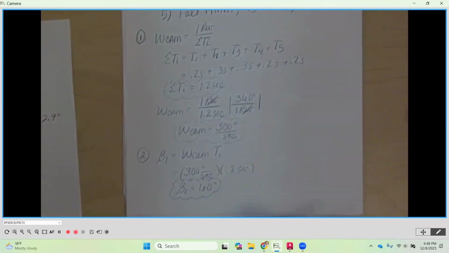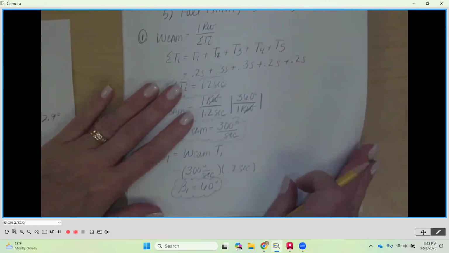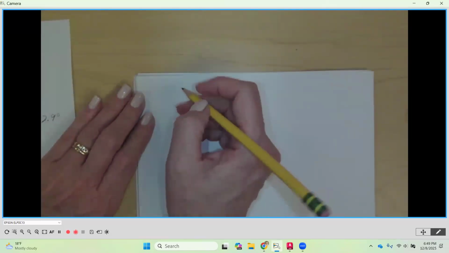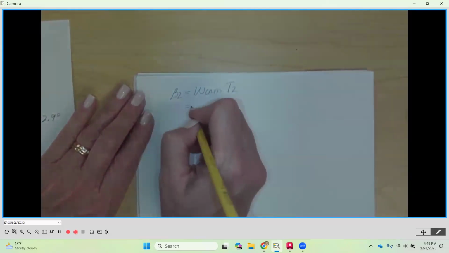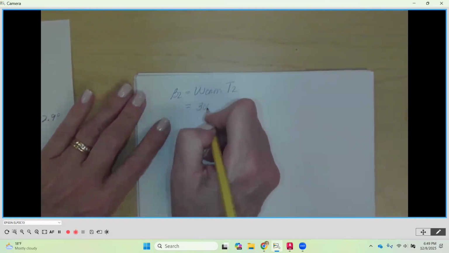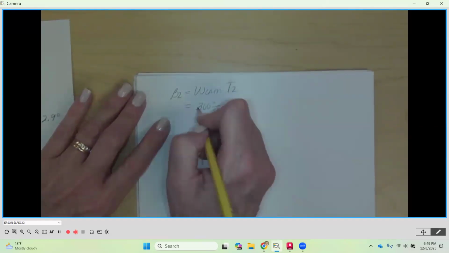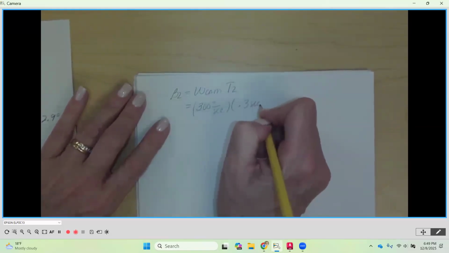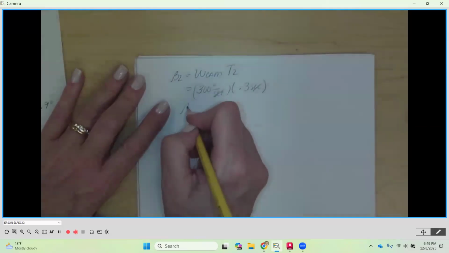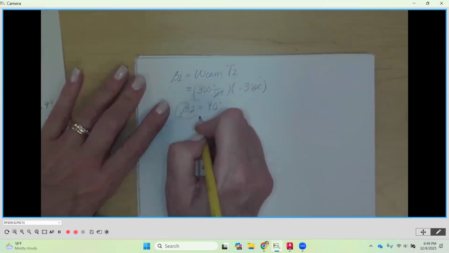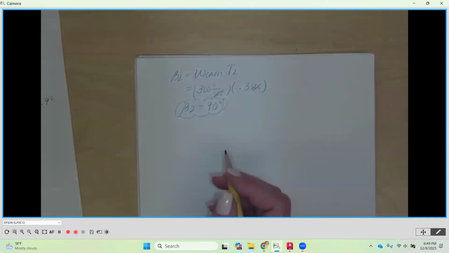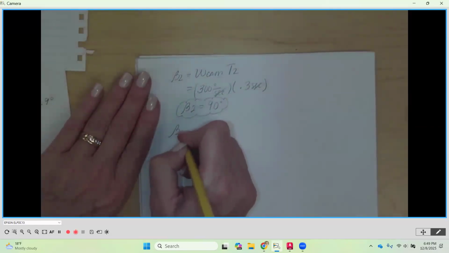Now we've got to find beta 2 through 5. Beta 2 is W of the cam times T2, 300 degrees per second times 0.3 seconds. The seconds cancel, and beta 2 comes out to 90 degrees. I'll let you do the rest of them.